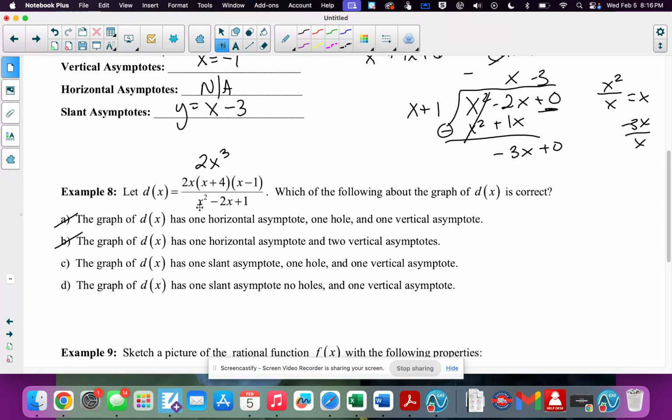If I factor the bottom, what multiplies to give you 1 and adds to give you negative 2? Let's see. Oh, that would be x minus 1 times x minus 1. Okay, so that means I have a hole at 1. Okay, so let's see. This one says slant asymptote and 1 hole. I'm done. Oh, wait, no. I have a double. So I actually don't have a hole anymore, right?